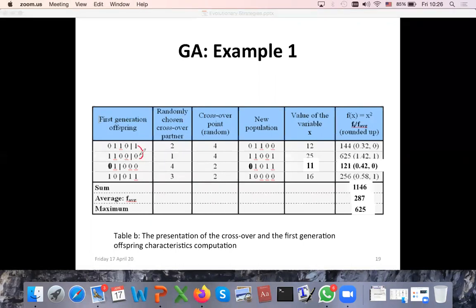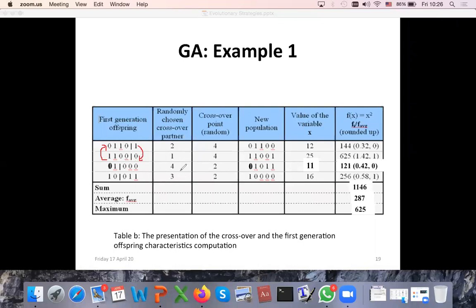So this is going to be a partner with two, and this two is going to be a partner with one. So one is going to be a partner with two, that is mentioned here. And two is going to be a partner with one, that is mentioned here.